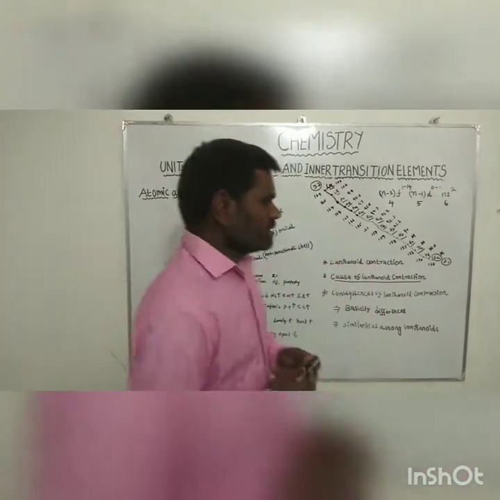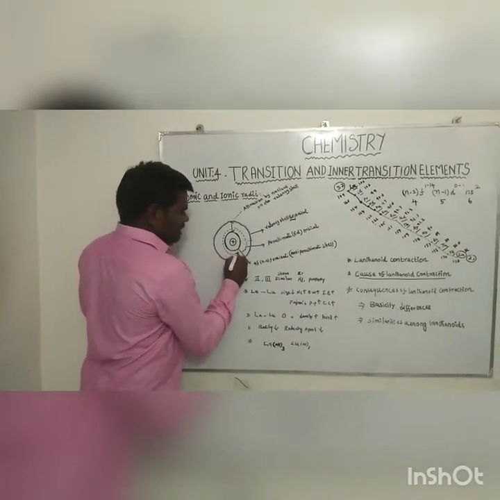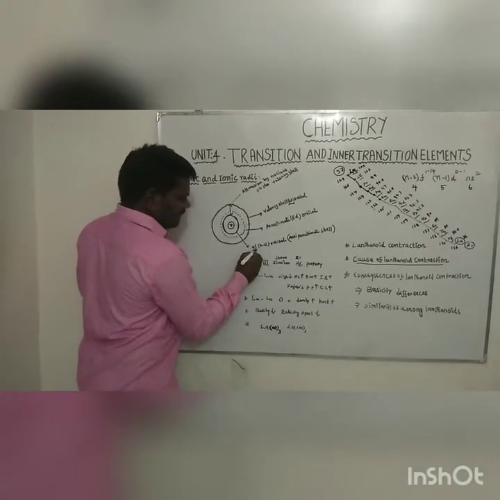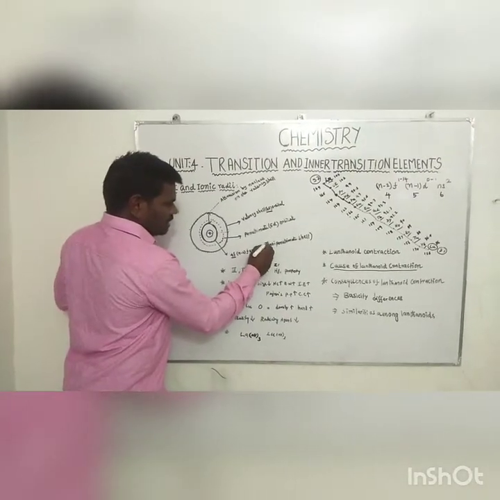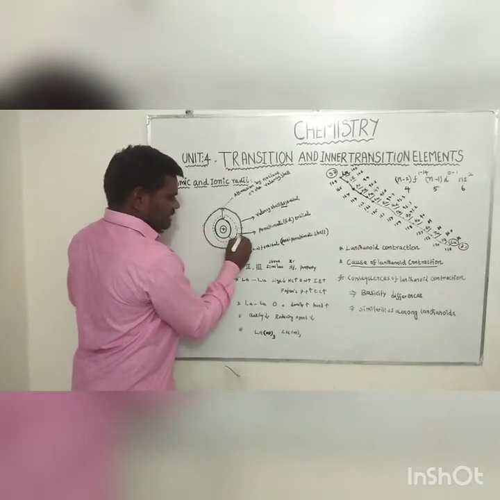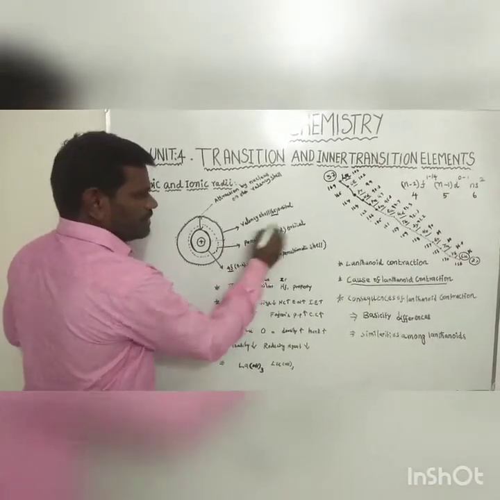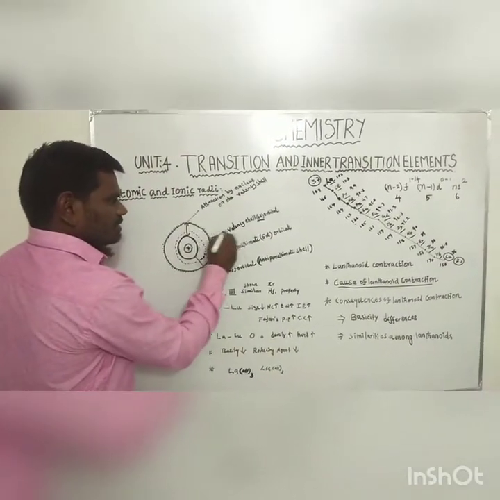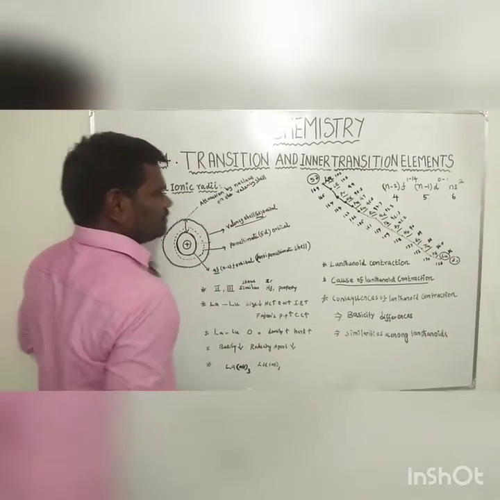You see, students, this is the nucleus. The first shell is the n-2 f orbital, 4f. It is also known as the antepenultimate shell. The second shell is the penultimate shell, that is the 5d orbital. The last shell is the valence shell, that is the 6s orbital.